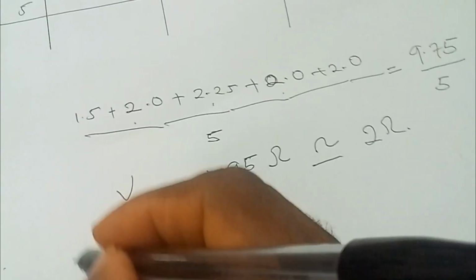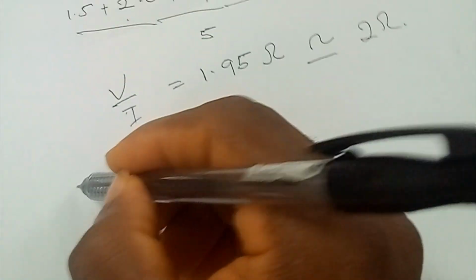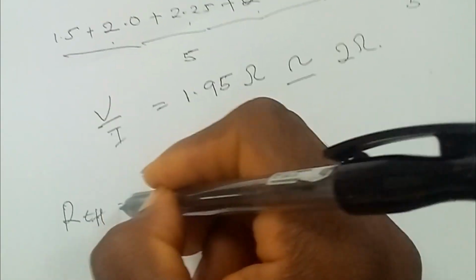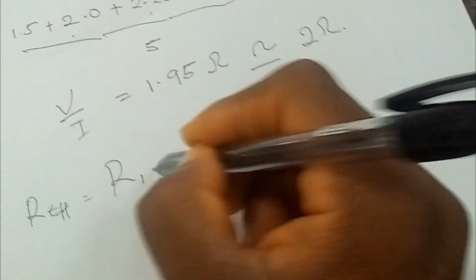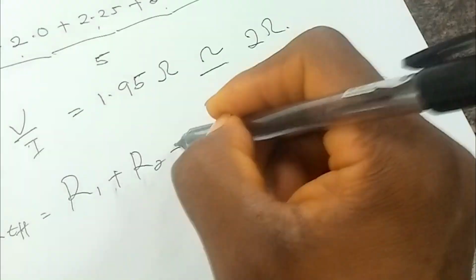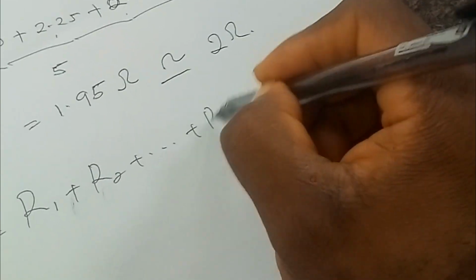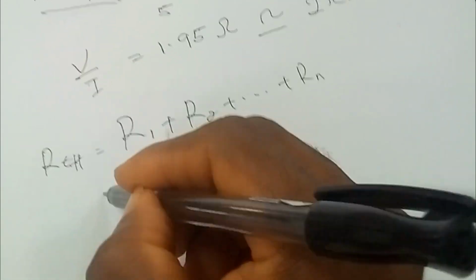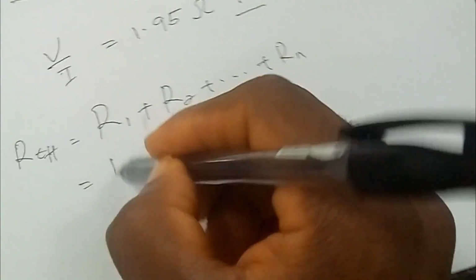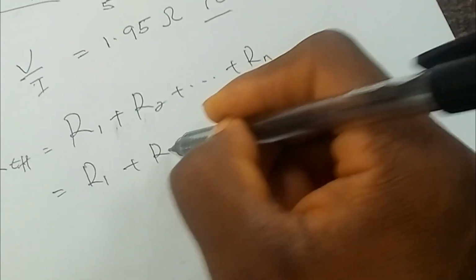2 ohms. Now, how do we calculate our resistors in series? The effective resistance for resistors in series, R_eff, is equal to R1 plus R2 plus dot dot dot plus Rn. But since we are talking about only 2 resistors, our effective resistance is going to be R1 plus R2.